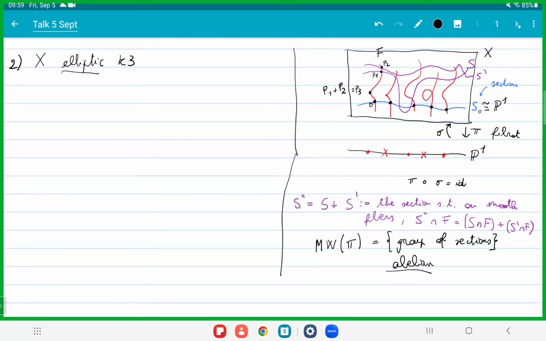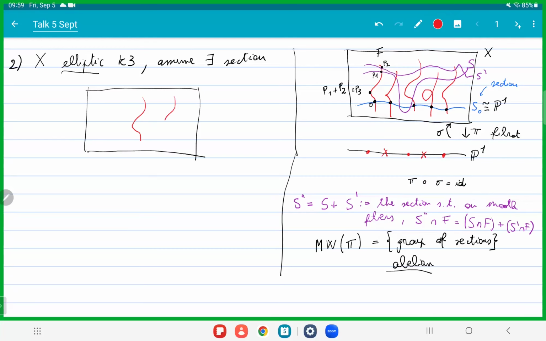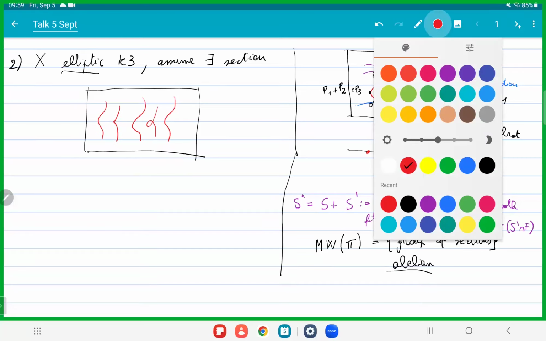So let's go back to elliptic K3s, and as we were saying, let's assume that there's a section. I'll draw an easier picture since we have way too much stuff on the right. So we have here our elliptic fibration. Maybe we have some singular fibers, and we also have a section.